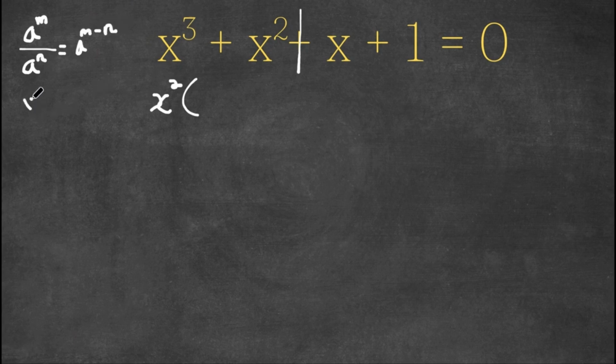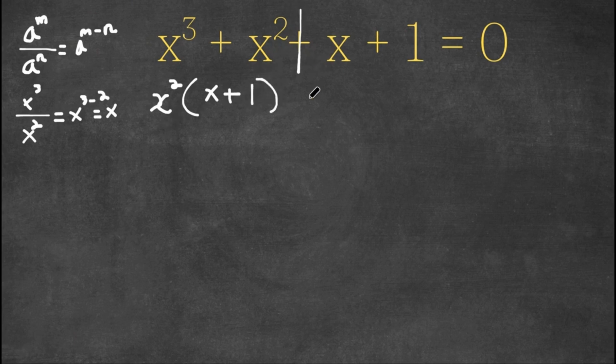So x to the power of 3 over x squared would equal x to the power of 3 minus 2, which is simply x to the power of 1, which is x. So x to the power of 3 divided by x squared is x, plus x squared divided by x squared is simply just 1 because anything divided by itself is 1.